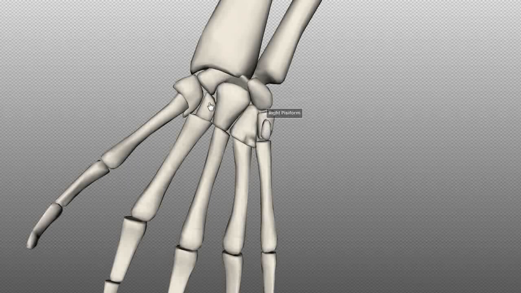So the distal row of carpal bones, on the lateral side you've got the trapezium, then you've got the trapezoid bone, the capitate and the hamate. So there's a mnemonic for remembering these carpal bones, and it's "she looks too pretty, try to catch her." So it's going lateral to medial on the proximal row, then lateral to medial on the distal row.